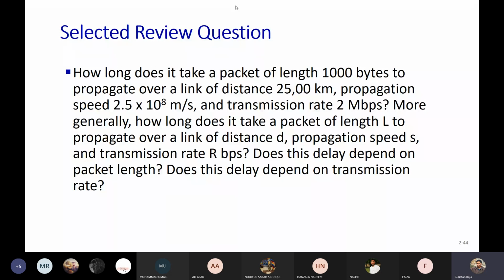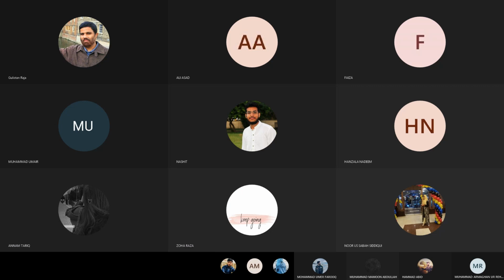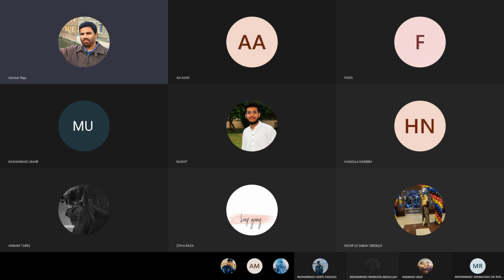Does this delay depend upon packet length? And does this delay depend upon transmission rate? Please think on it.